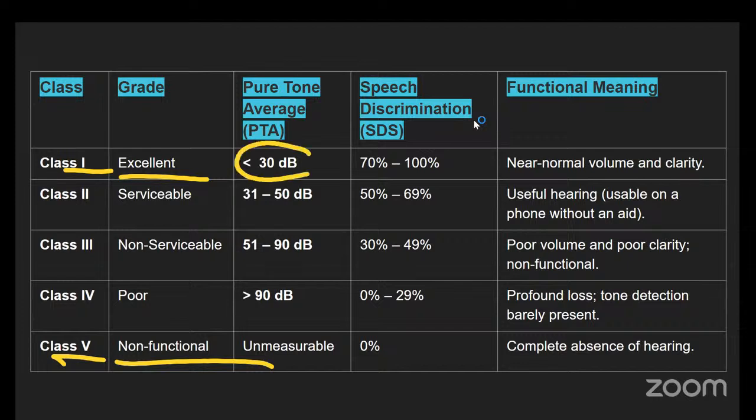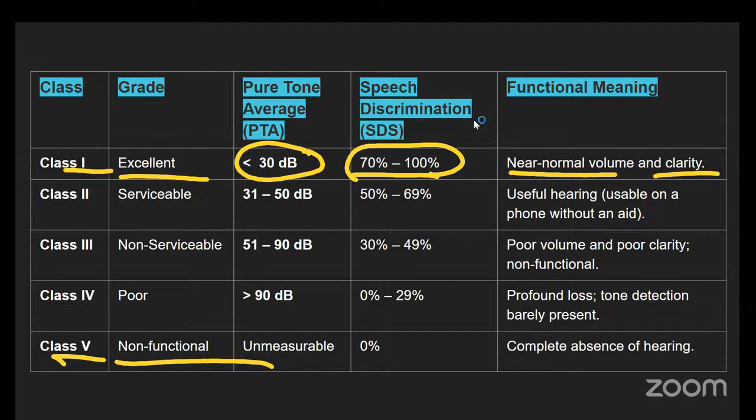The decibel loss is less than 30 and the speech discrimination is good. You can see that the patient was able to recognize 70 to 100% of whatever was being played or said. So the speech discrimination score is good, 70 to 100. The loss is less than 30 decibels, so this means near normal volume and clarity.